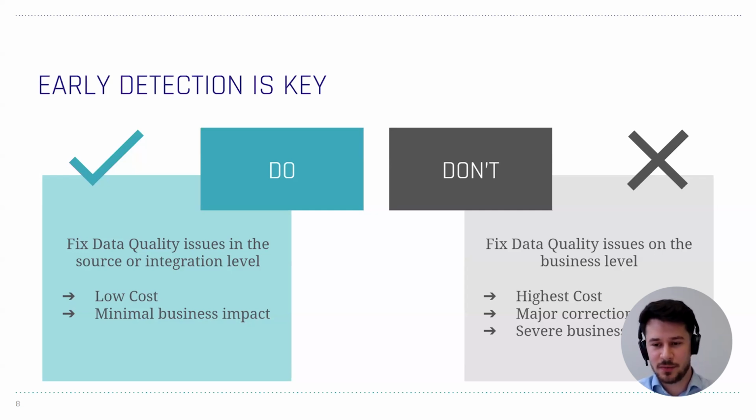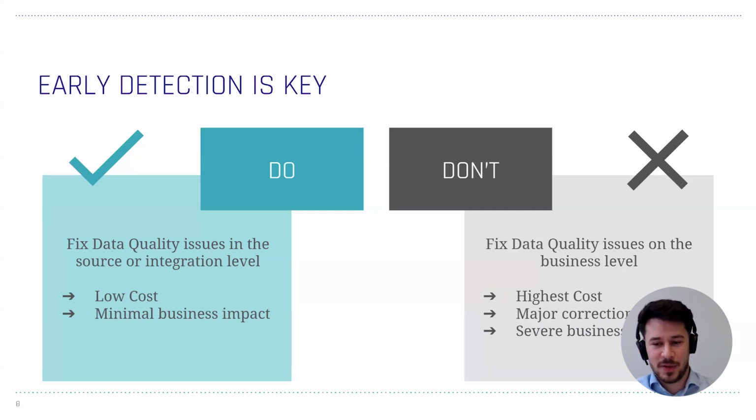So it's not just this one database or table where you need to do the correction, but you have to do it all the way downstream to the source, which equals the highest costs, because there are many tables or corrections you need to do.